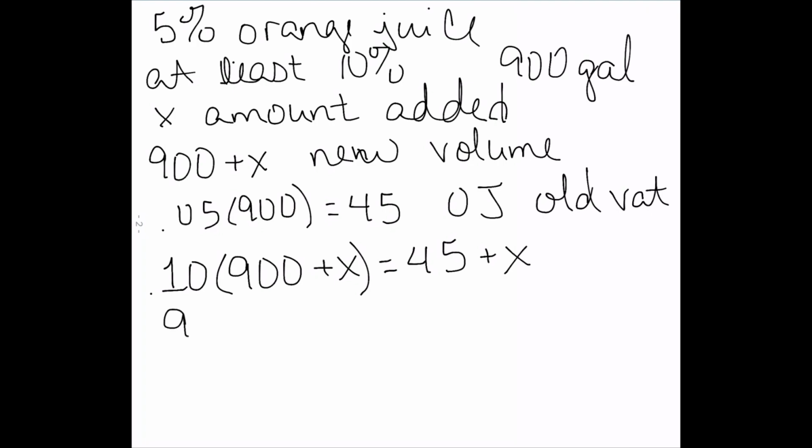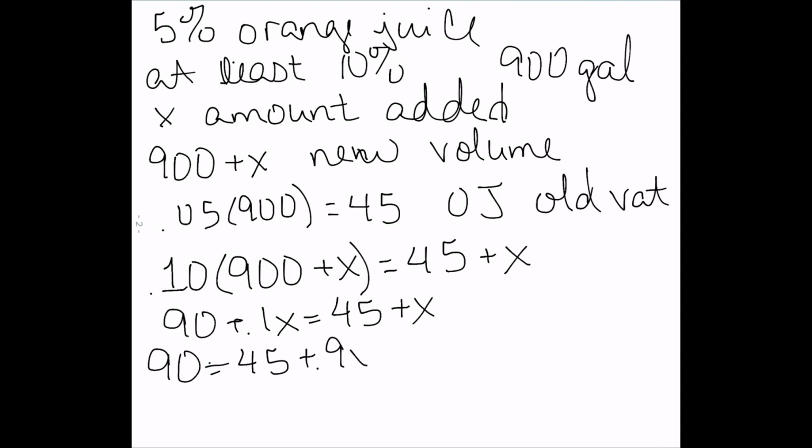So this gives me 90 plus 0.1X is equal to 45 plus X. Subtracting 0.1X from both sides gives me 90 equal to 45 plus 0.9X. I can subtract 45 from both sides to get 45 equal to 0.9X. Dividing both sides by 0.9 gives me X is 50. So I need to add 50 gallons of this new orange juice.